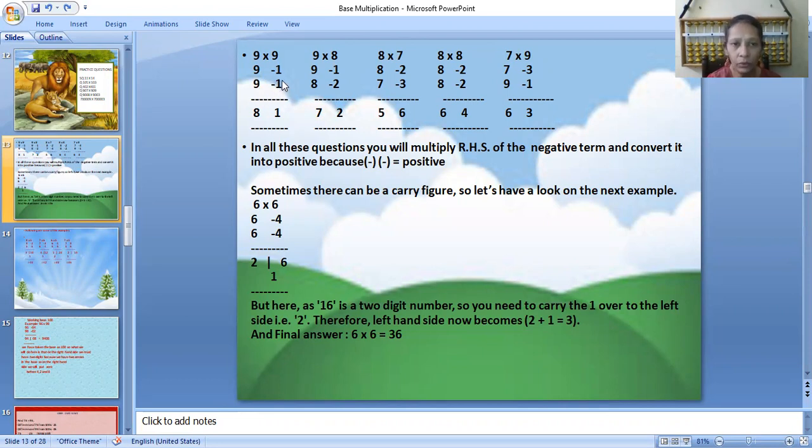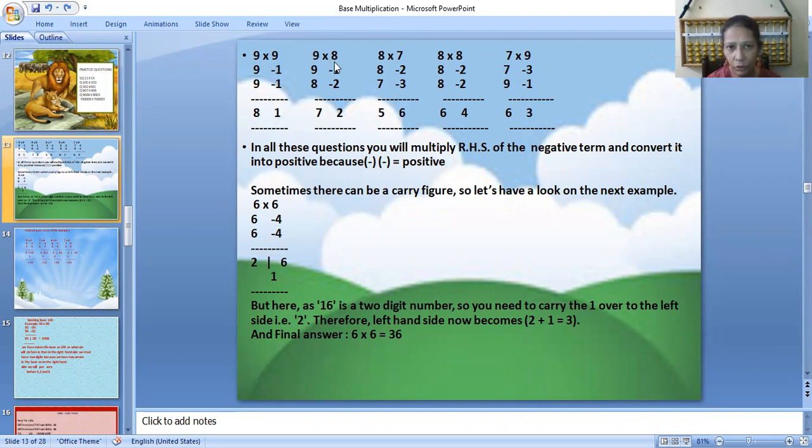So you know that when you multiply minus into minus, it is always equal to positive. So on the right hand side, minus 1 into minus 1, you will get plus 1. And you look here, 9 minus 1 is equal to 8. So here you will get 81.